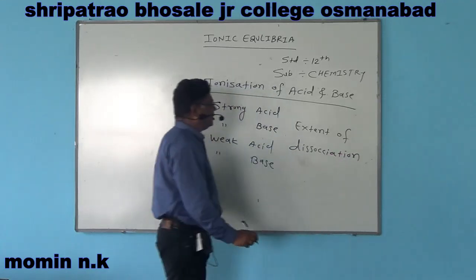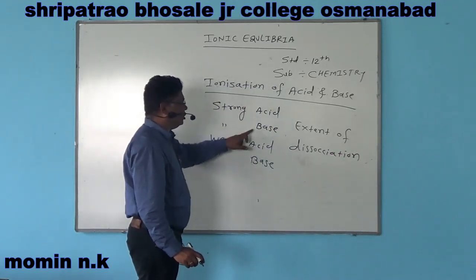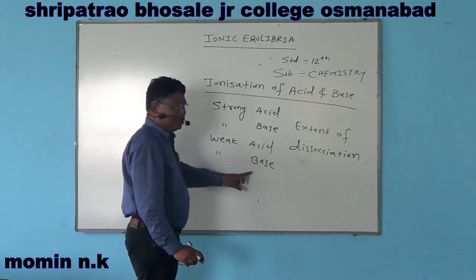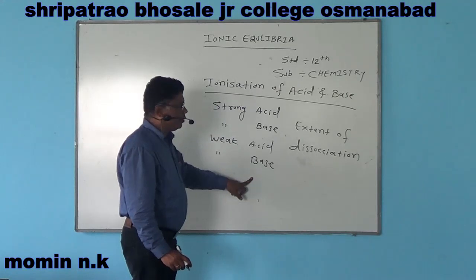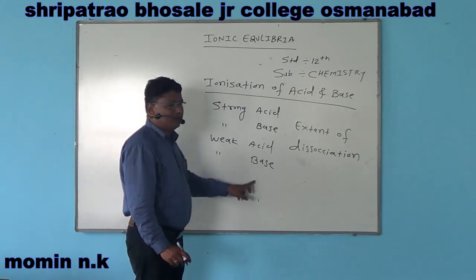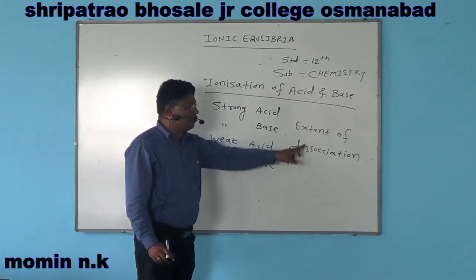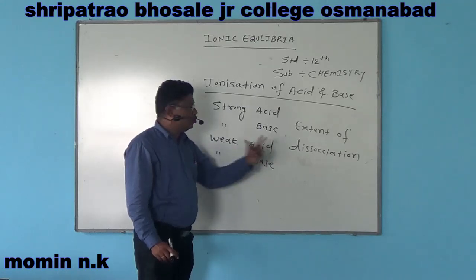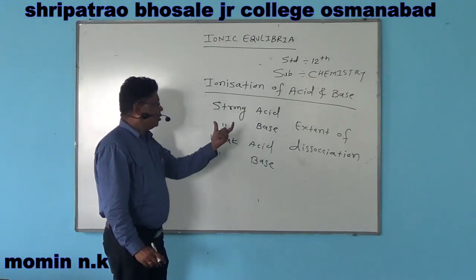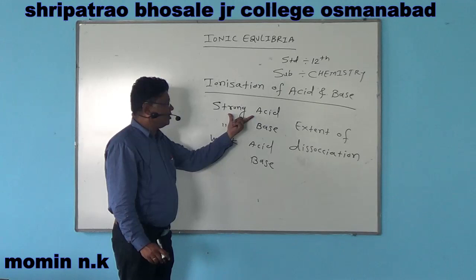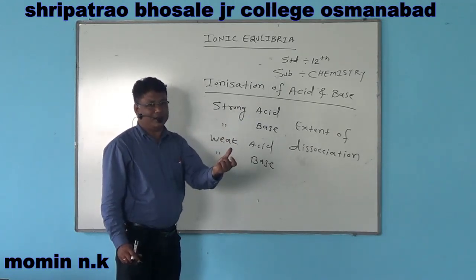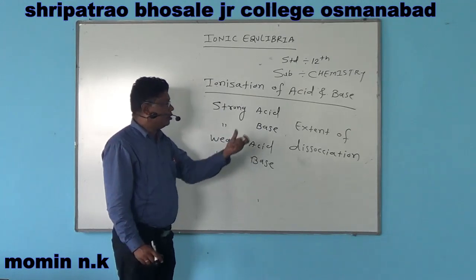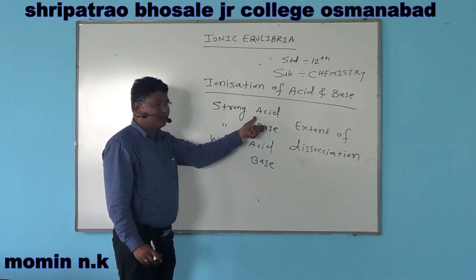So, acids and bases are classified as strong acid, strong base, weak acid and weak base. This classification is done on the extent of dissociation. What are called strong acids? Those acids which are completely dissociated in water are called strong acids.